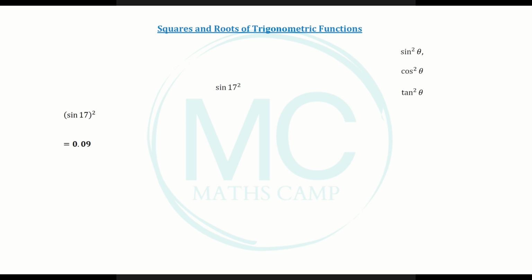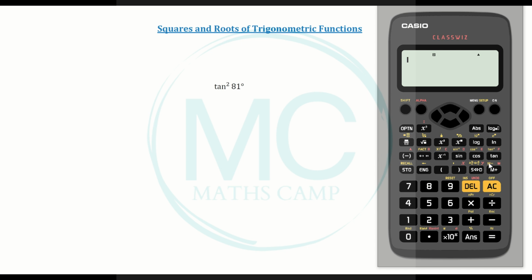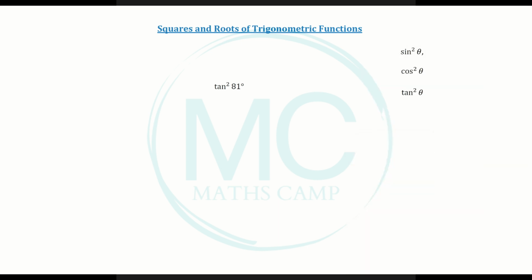Let's look at some more examples. Tan squared 81 degrees. So we can say tan 81 degrees, close the bracket, squared, and we get 39,863, round off to two decimal places, and we get 39,86.